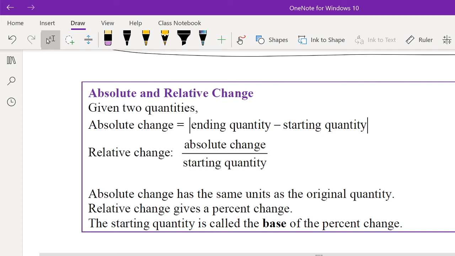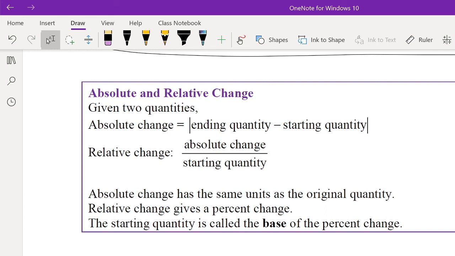In this problem, it states the U.S. federal debt at the end of 2001 was 5.77 trillion and grew to 6.2 trillion by the end of 2002.